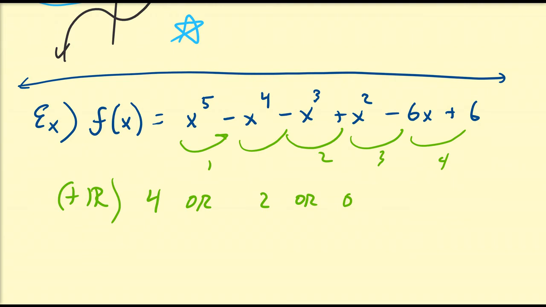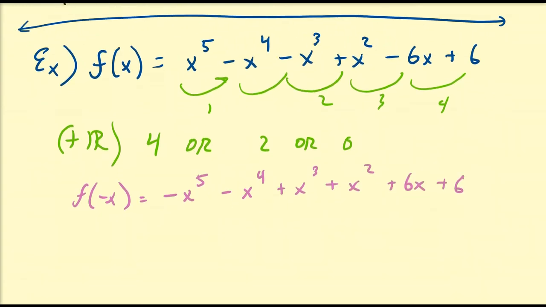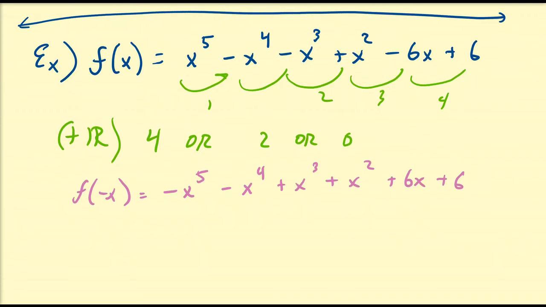Let's look at our negatives. So f of negative x is going to be equal to minus x to the fifth, minus x to the fourth, plus x cubed, plus x squared, plus 6x, plus 6. Let's count the sign changes for that. So that doesn't count. This counts, that's 1. That doesn't count, that doesn't count, that's going to count.